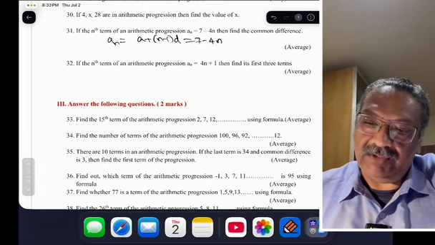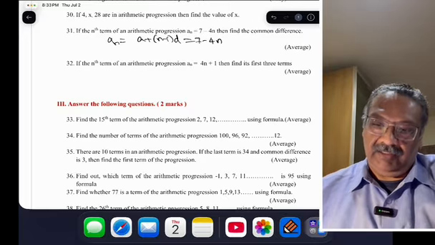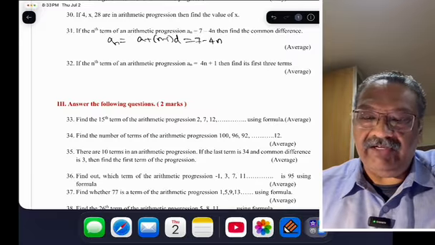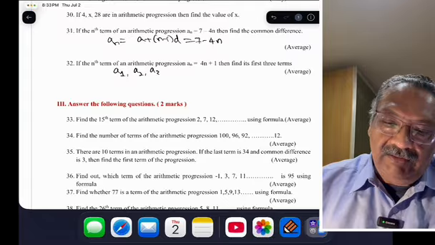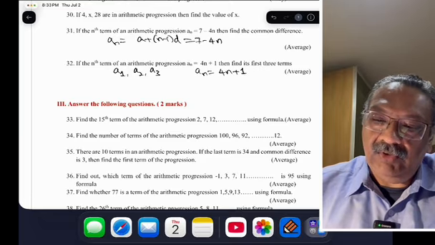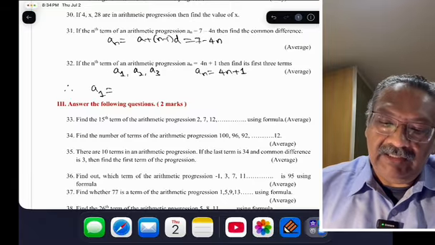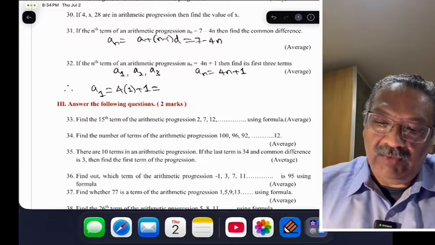This is the 32nd question. Similarly, if the nth term of an AP is given by an is equal to 4n plus 1, then find its first 3 terms. First 3 terms are a1, a2, a3. Here an is equal to 4n plus 1 is given. So therefore a1 is, substituting n as 1, equal to 4 into 1 plus 1 is equal to 5.